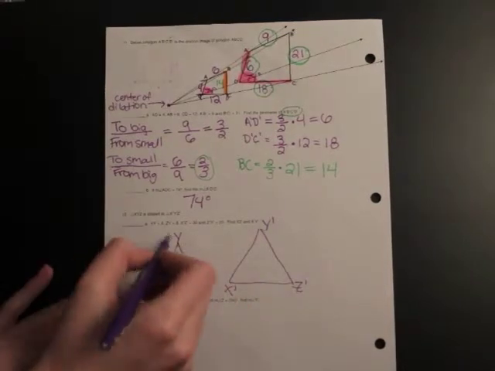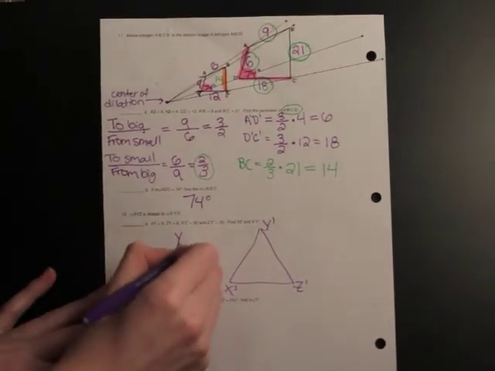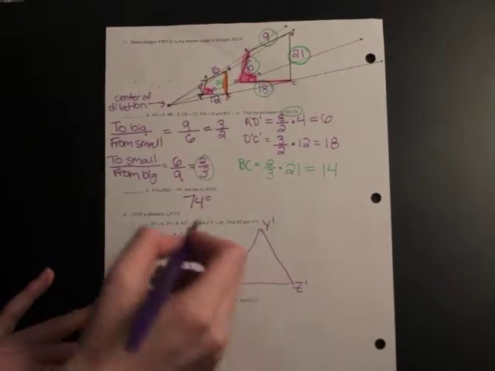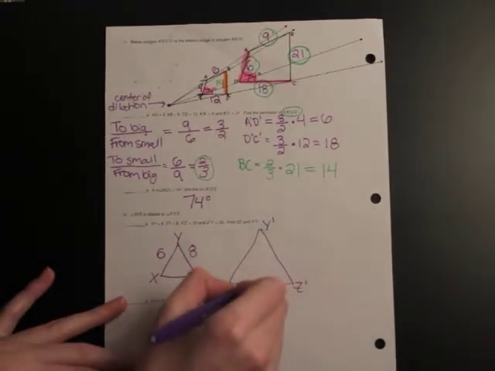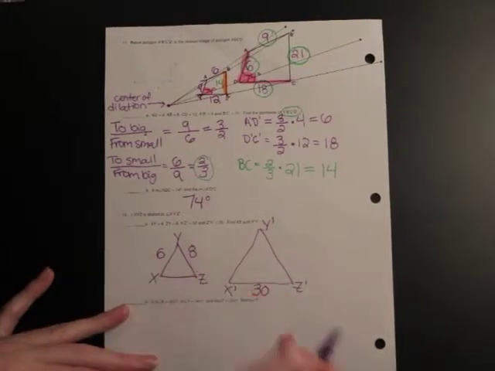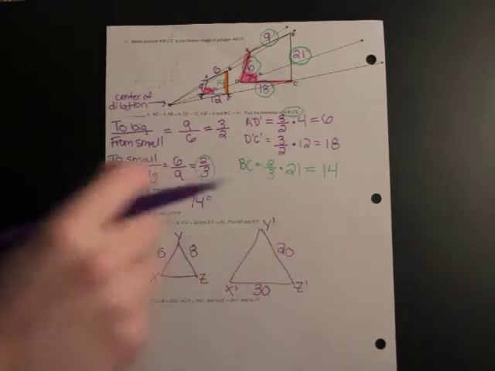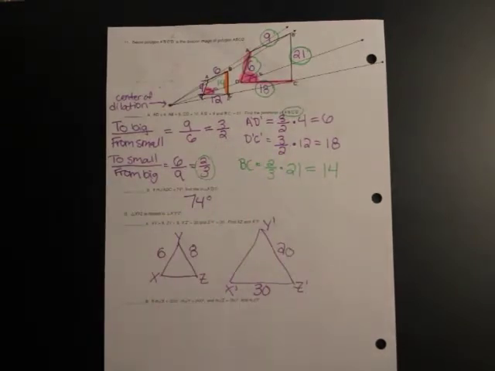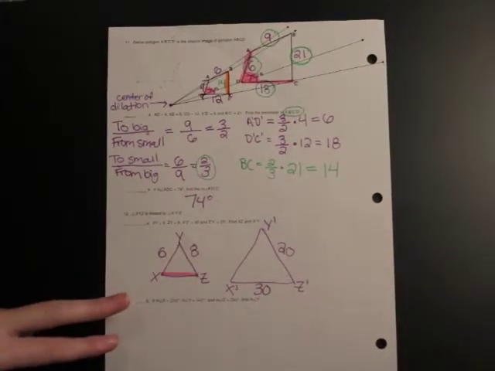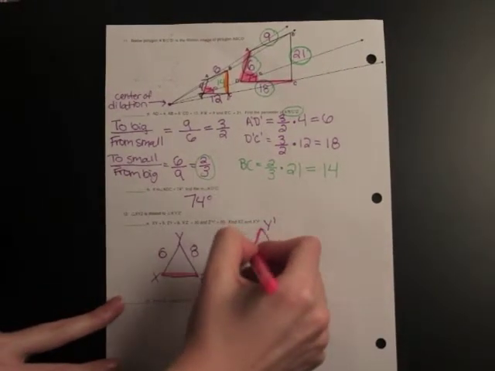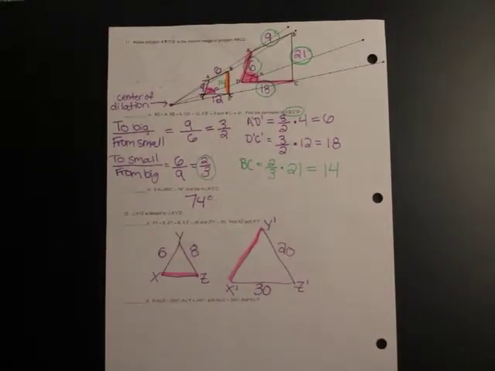It tells us that XY is 6, ZY is 8. Then X prime, Z prime is 30, so that's down here. And Z prime, Y prime is 20. So it just wants us to find the missing sides. So our missing side on the small one is XZ. Our missing on the big is X prime, Y prime.